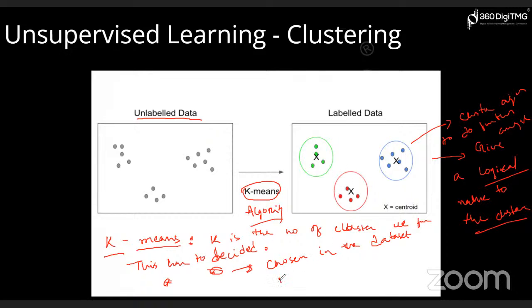So we find the closest point to that centroid. Once we find this, we will cluster them both.